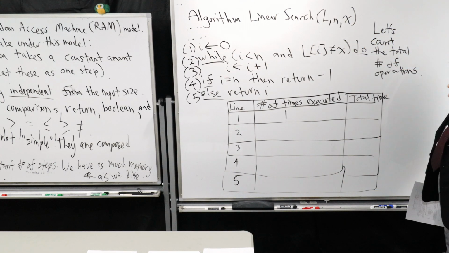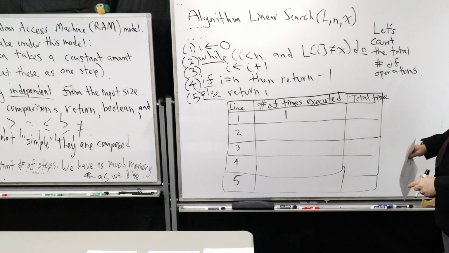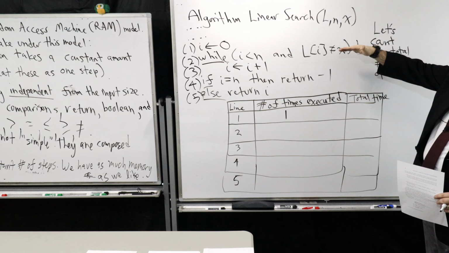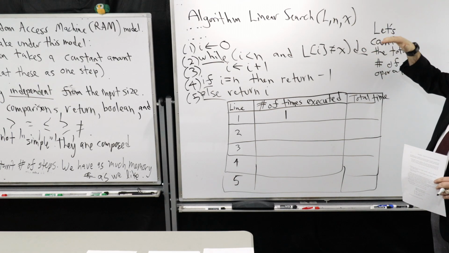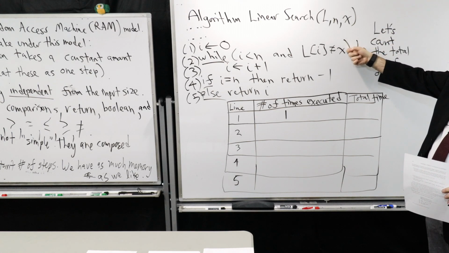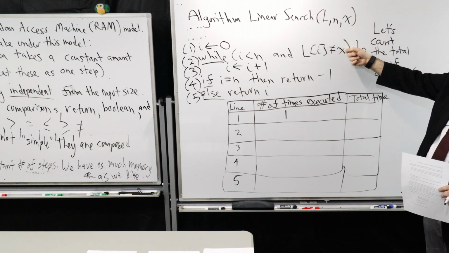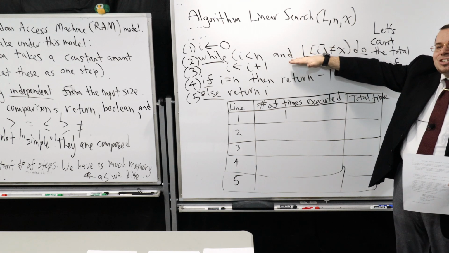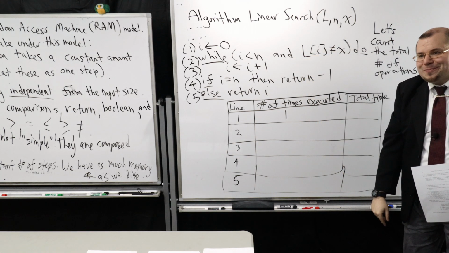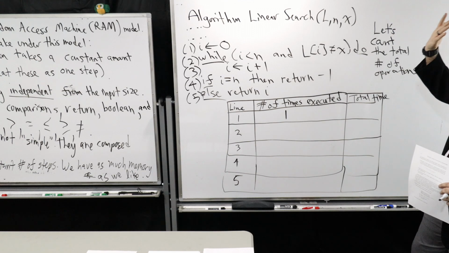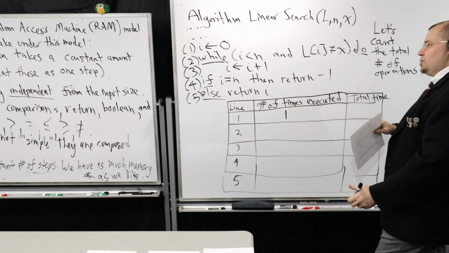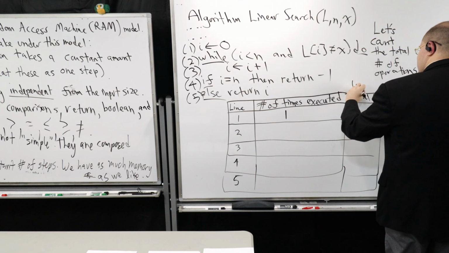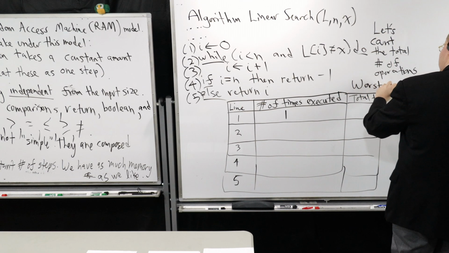Now, this is where things get a little bit interesting because if you think about a while loop, line 2, notice that the while loop keeps iterating every time it checks this condition, whether it be true or false. If it becomes false, it has to check this condition before it exits the while loop, right? If we're doing worst case analysis, keep in mind, we're right now doing worst case analysis.